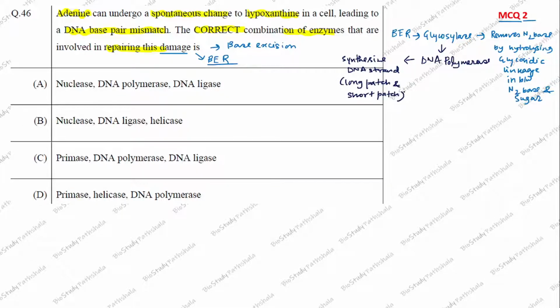After that, next comes DNA ligase, which ligates the DNA strand. So for this question, the correct option will be nuclease, after that DNA polymerase, then DNA ligase. So option A will be the right answer for this question.